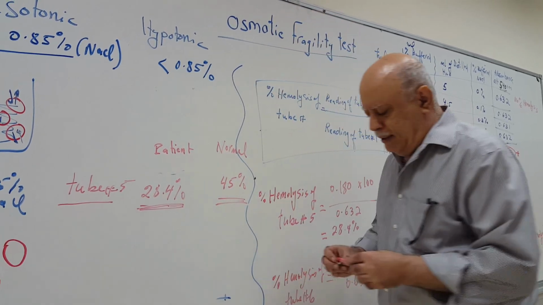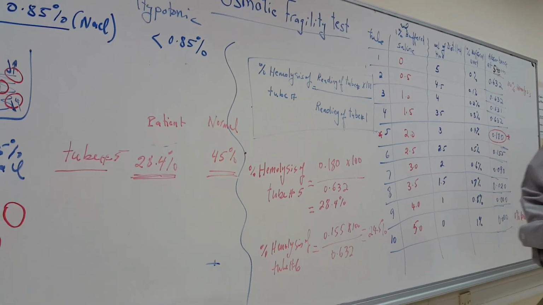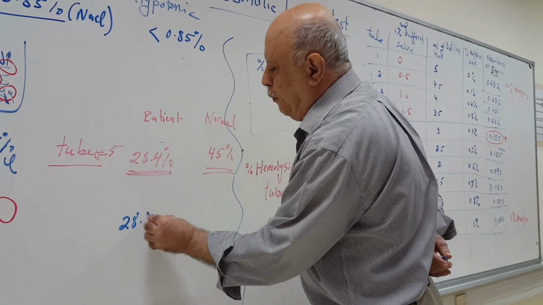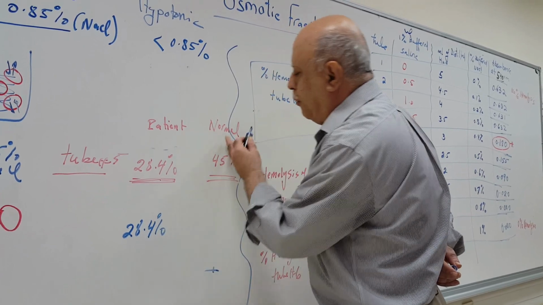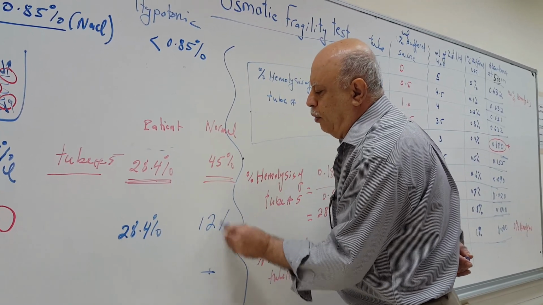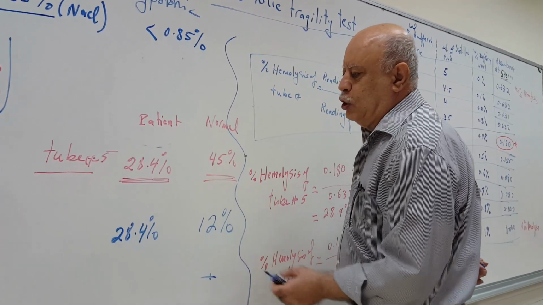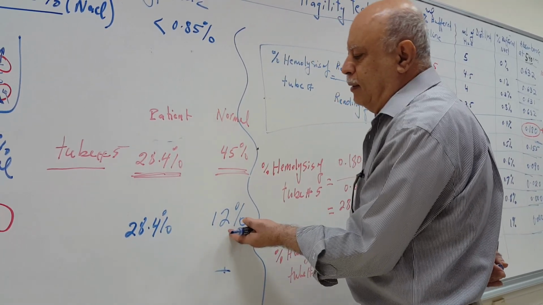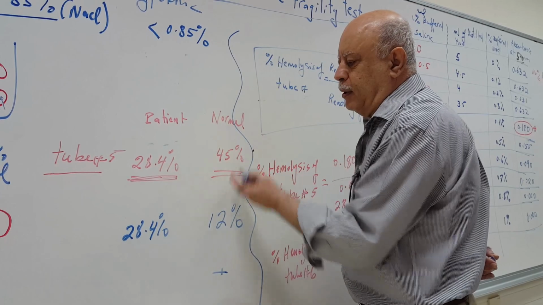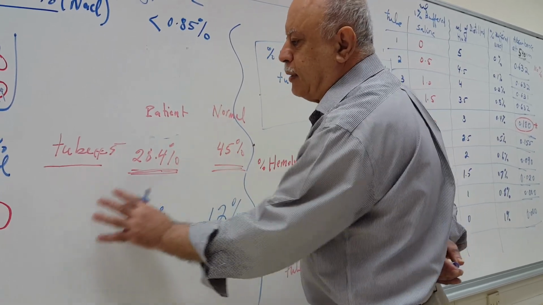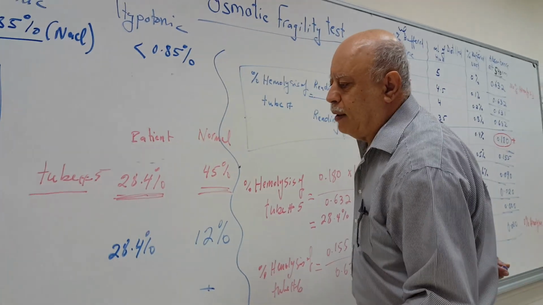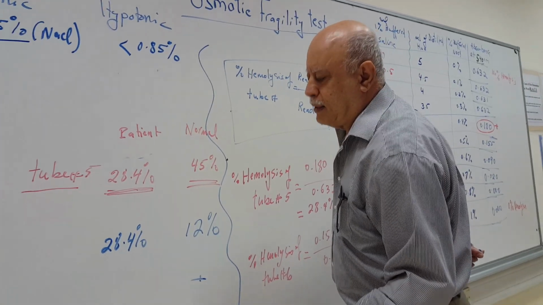On the other hand, if tube number 5 for a patient is 28.4% and for normal lysed only 12%, so here we have 28% lysed, here we have 12% for a normal. See here, more cells get lysed, meaning less resistant to lysis.